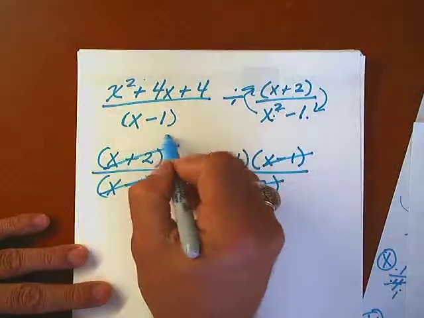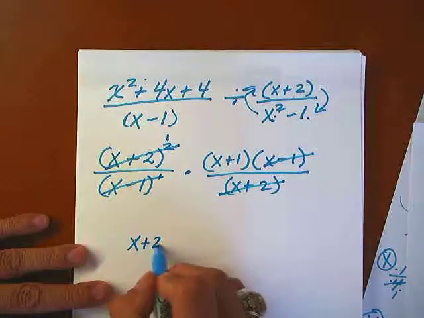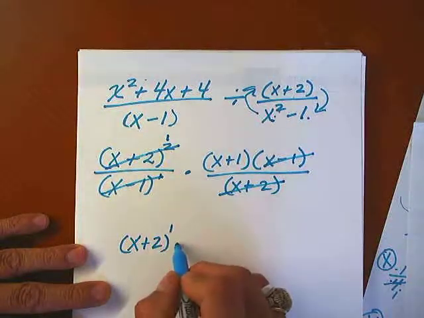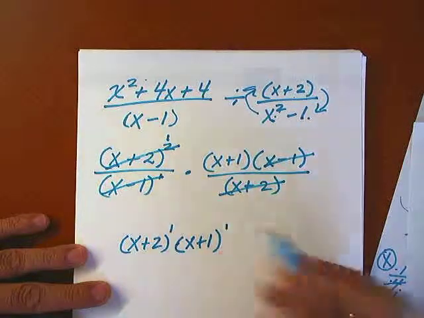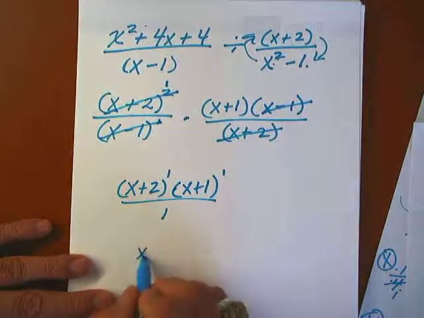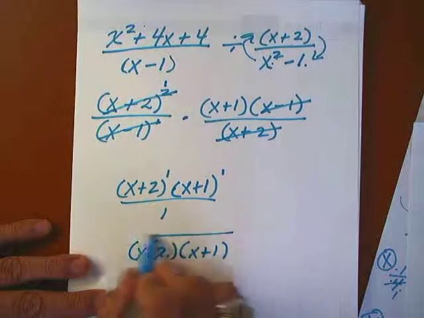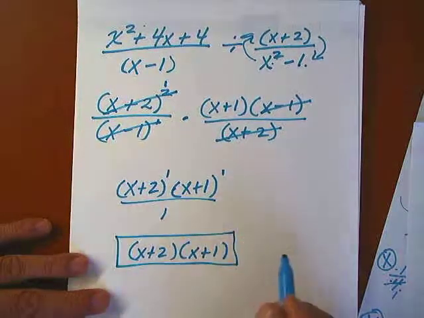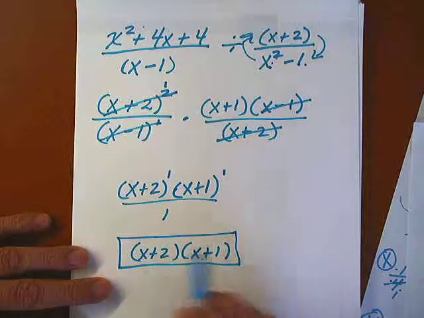This comes up and this comes up, and that's shortcut number 3. And then this will cancel with that. This will cancel with one of these. Leave that to the first. So your answer is x plus 2 to the first power times x plus 1 to the first power over 1, or x plus 2 times x plus 1.